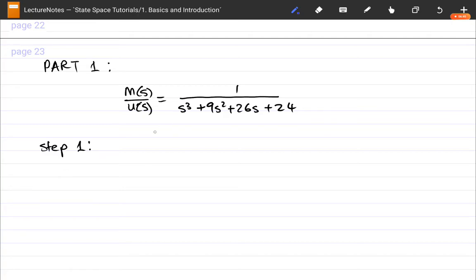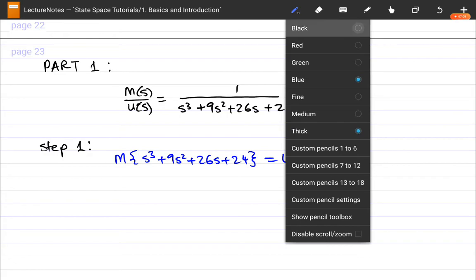So if we cross multiply here, what we're going to have is M being multiplied by s cubed plus 9s squared plus 26s plus 24, which is going to be equal to U multiplied by 1, which was our numerator on the right hand side. Okay, and now we can move on to step 2.